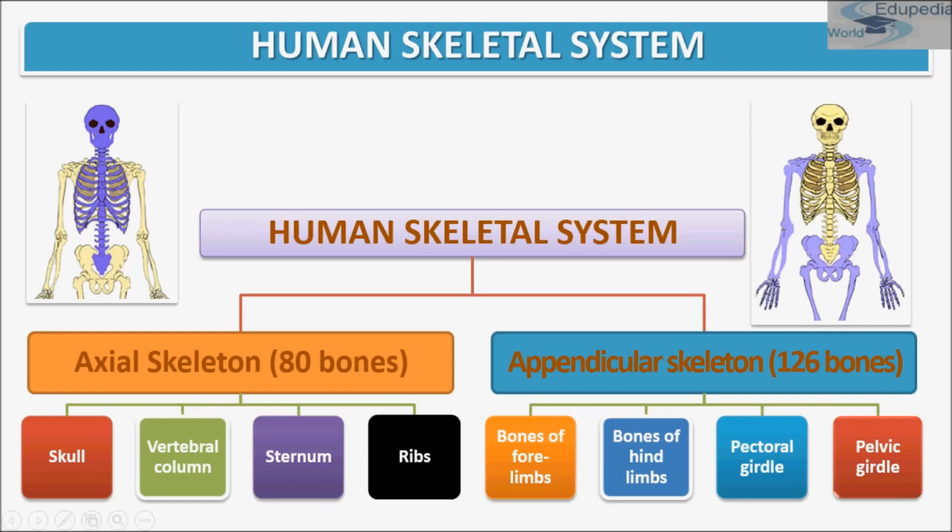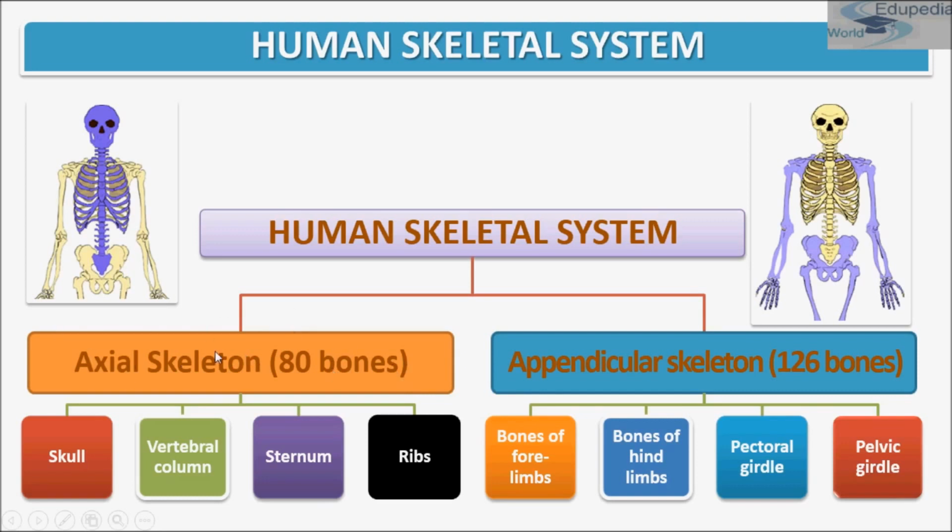So the human skeletal system is divided into two main categories. First is the axial skeleton and second is the appendicular skeletal system. The axial skeleton system consists of 80 bones. This is the first part of the human skeletal system.